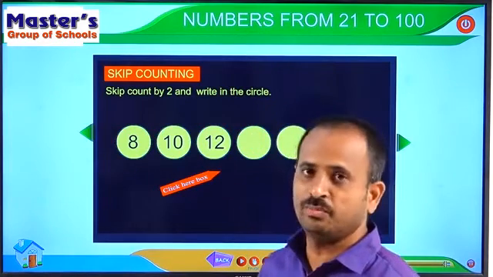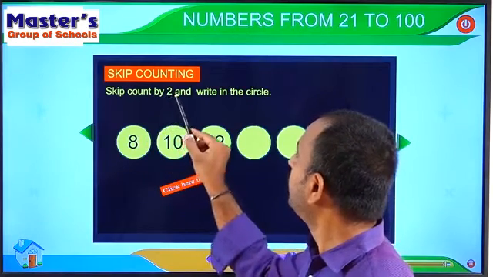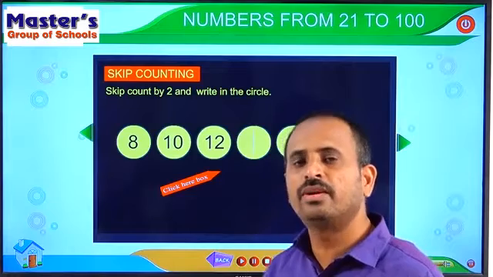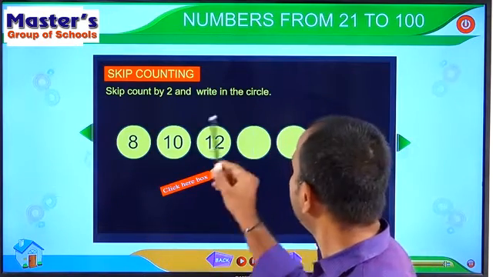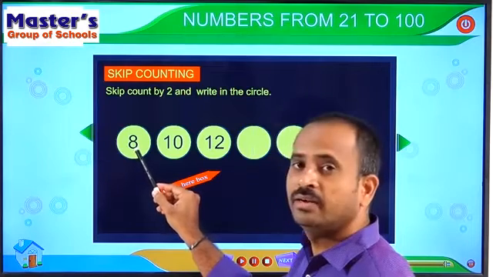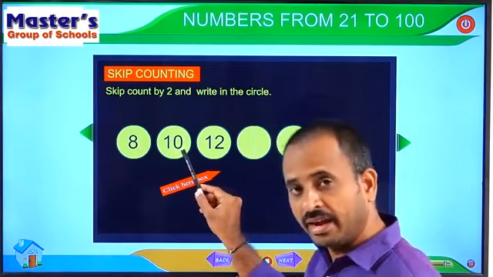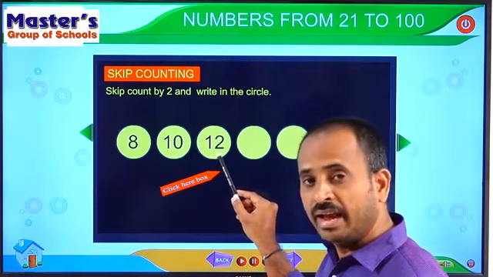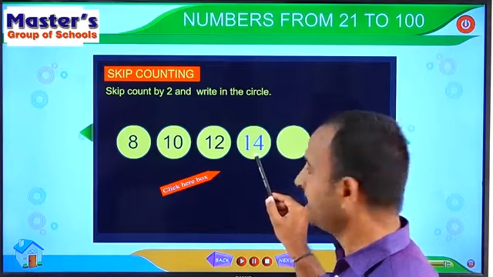So let us see an example of how to skip count by 2. By 2 means, children, we have to add 2 to the given number, then we will get its next larger number. See here, the first given number is 8, and we add 2 to 8, we will get 10. And again add 2, we will get 12. Again add 2 to the 12, we will get 14.